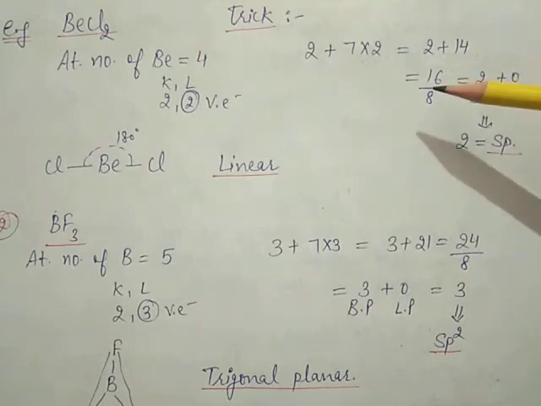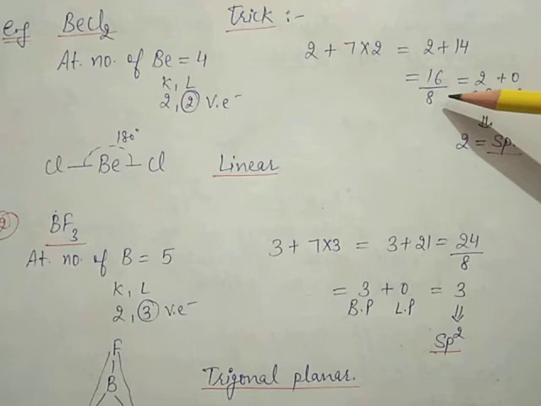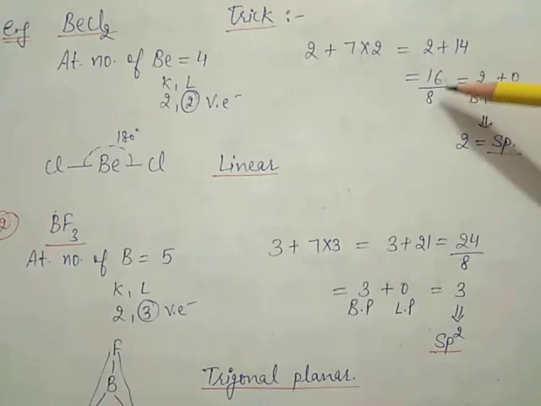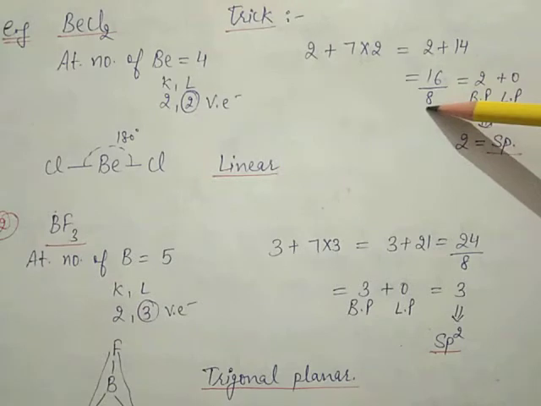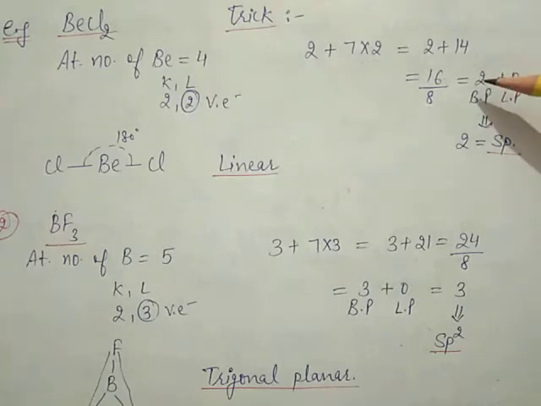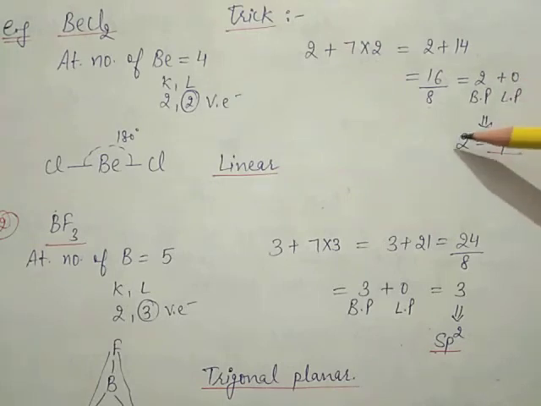Otherwise, if this number is less than 8, then it is divided by 2. So here this number is more than 8, so it will be divided by 8. 8 twos are 16, which means 2, plus 0, where 0 is the remainder. So this 2 is the bond pair and 0 is the lone pair. And after adding 2 plus 0, the answer is 2.